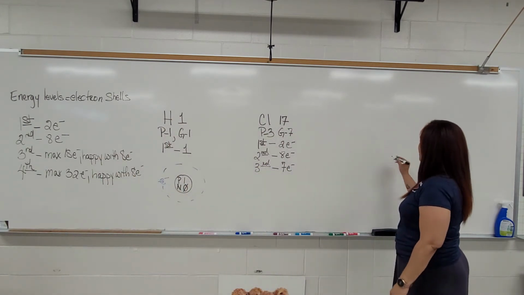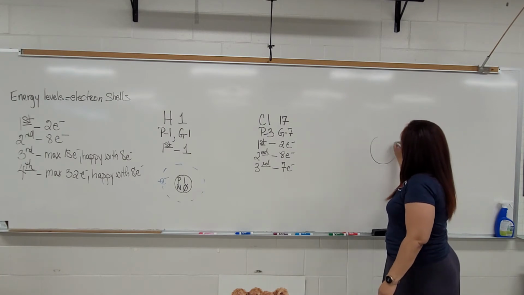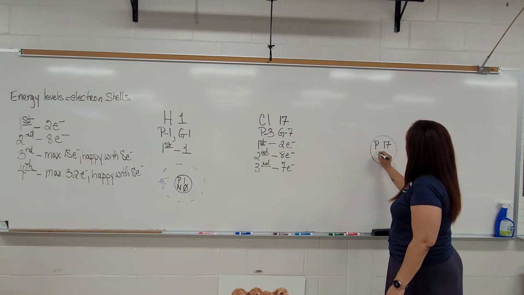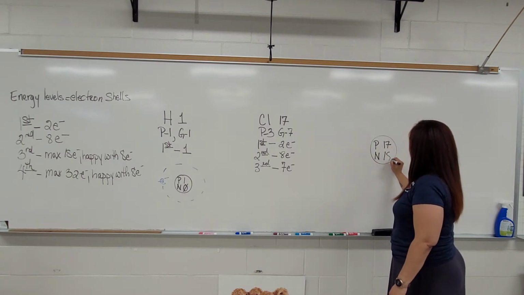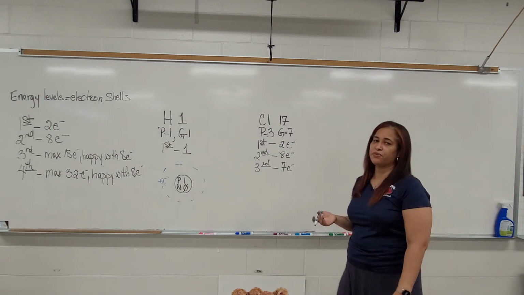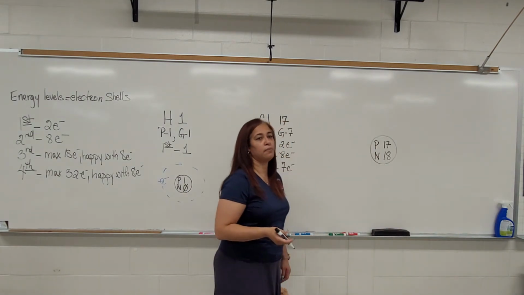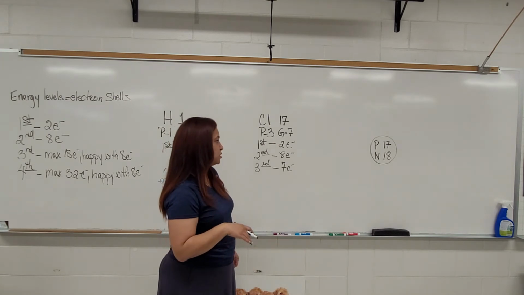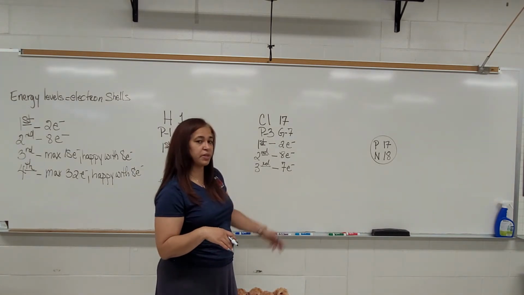The number of protons is 17 and the number of neutrons is 18. How I got that: its atomic mass is 35.453, or 35.5, which is rounded to 35.